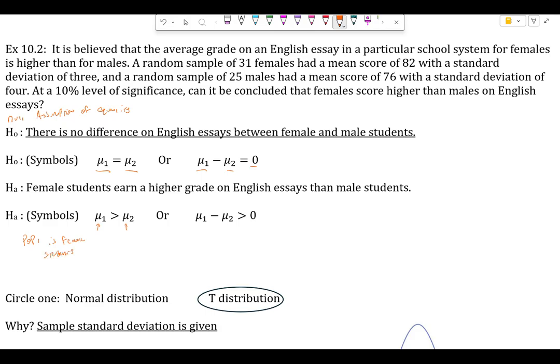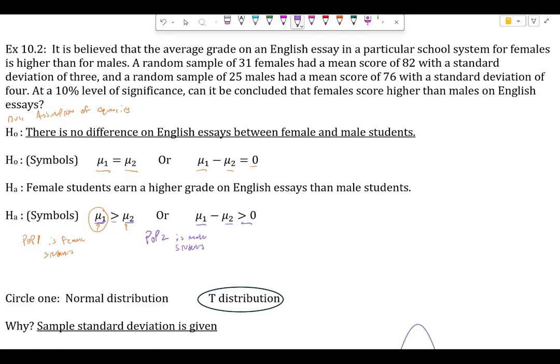There's nothing that says we have to do it this way, you just have to choose one way or the other. So the first population is greater than the second population, so population 2 must be the male students. Or if we were to subtract these two, their difference would be positive, meaning that female students score higher.